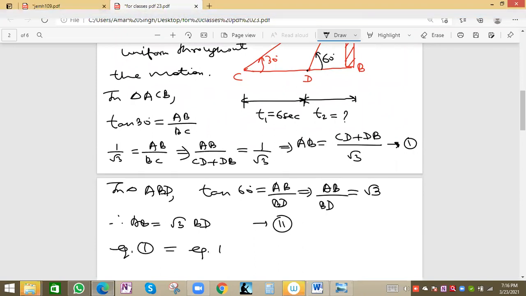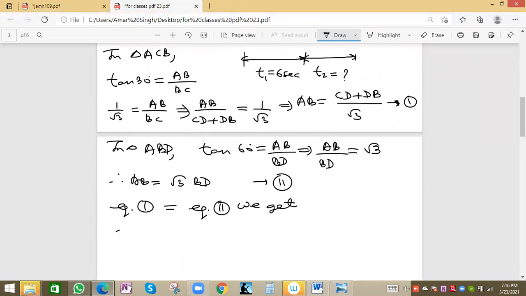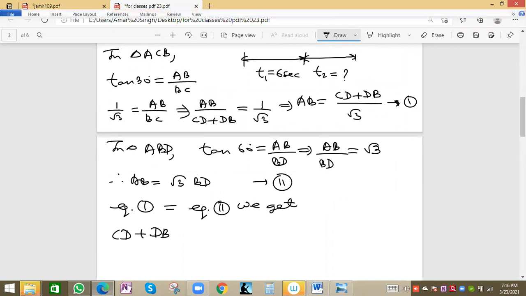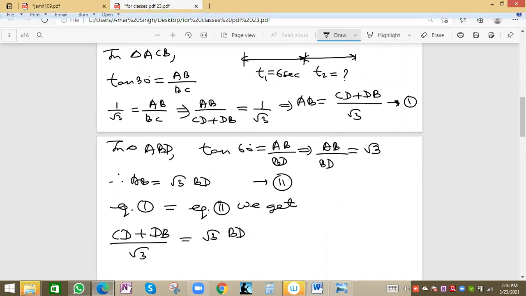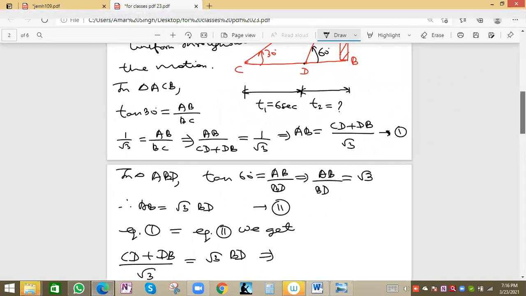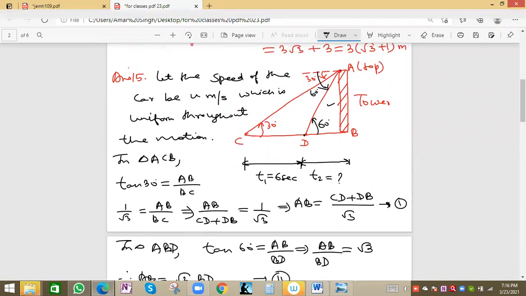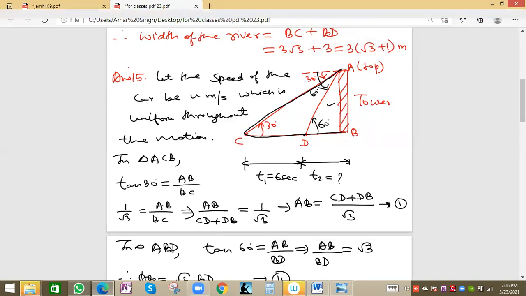Equation 1 equal to equation 2, we get (CD plus DB) by root 3 equal to root 3 BD. The first equation we got from the big triangle ACB, that is tan 30 equal to AB by BC, so BC will be CD plus BD.